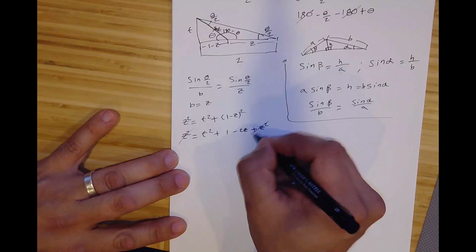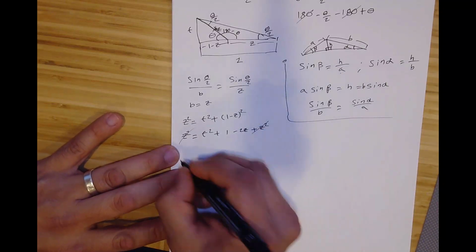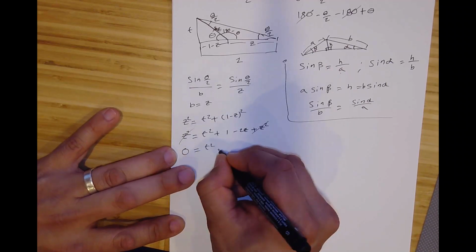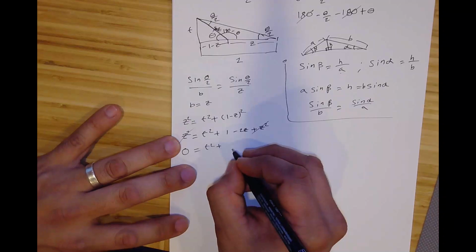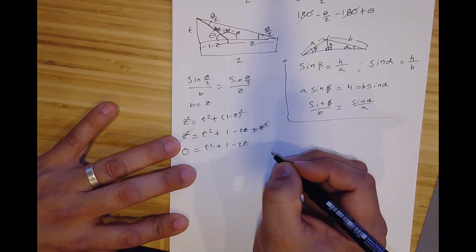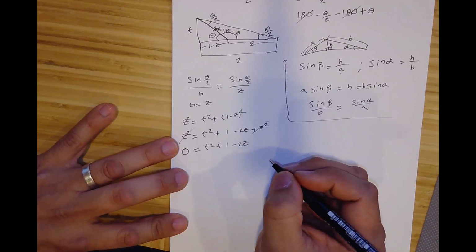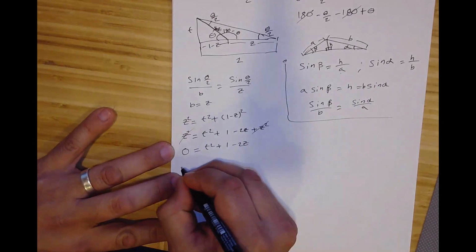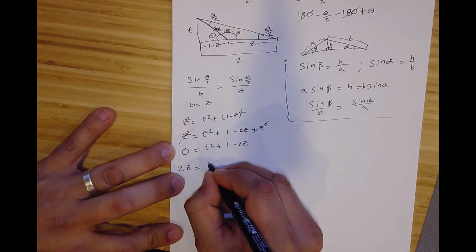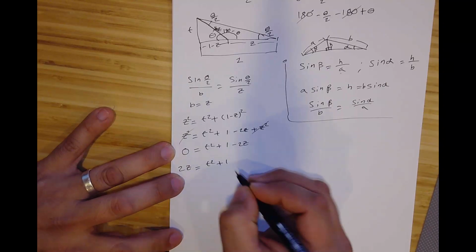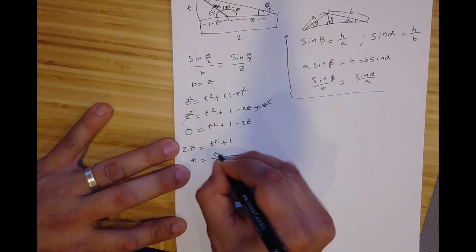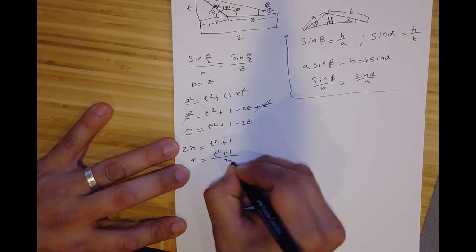This one we can simplify. This is 0 equal to t squared plus 1 minus 2c. And let's move this to the other side. 2c equals t squared plus 1. So c is t squared plus 1 over 2, right?